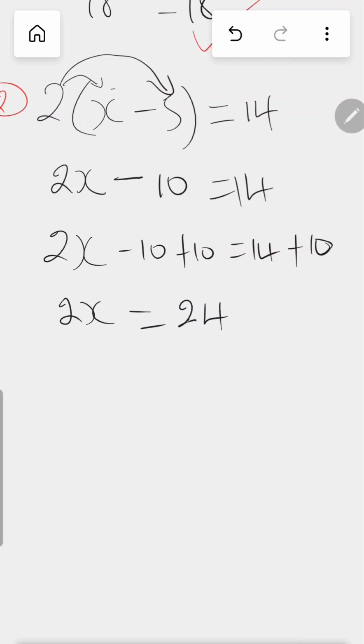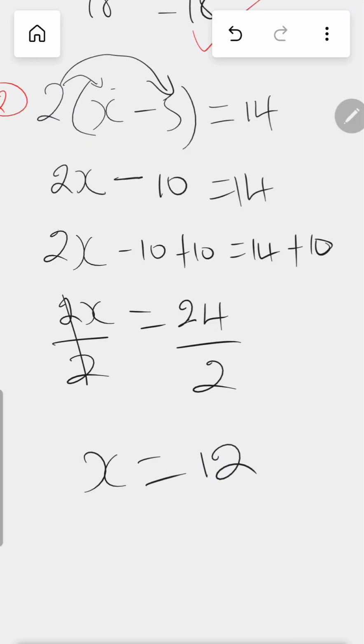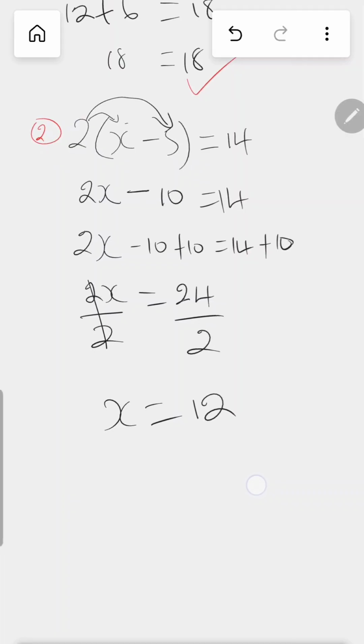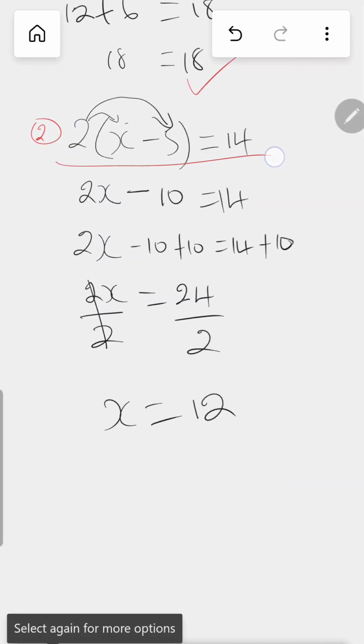Now we need to find what x is, so we go ahead and we divide both sides by the coefficient, which is 2. So we divide both sides by 2. And we cancel out. x equal to 24 divided by 2 gives us 12. Now our final step is to check for our answer. And to do that, we are going to use the original equation, which is right here.